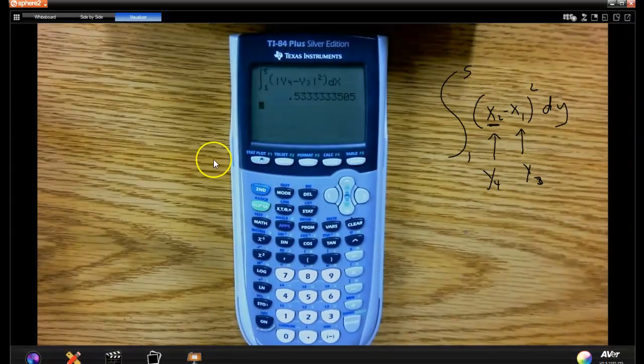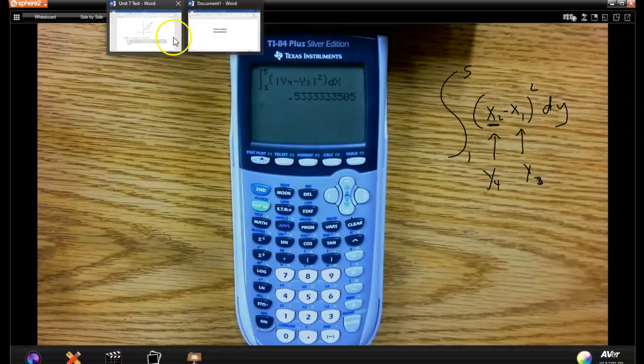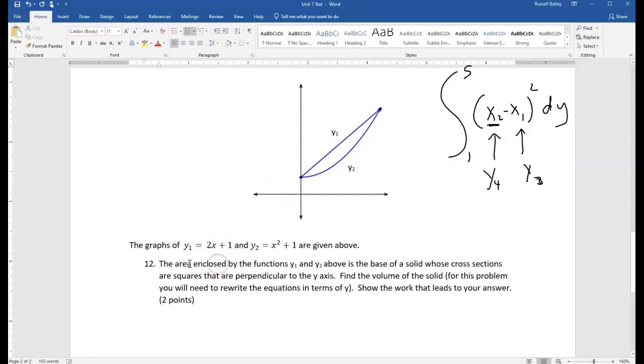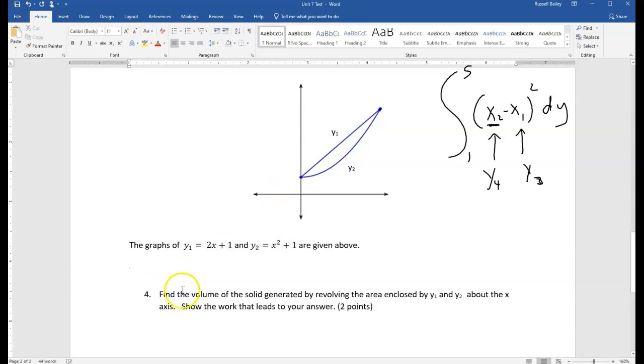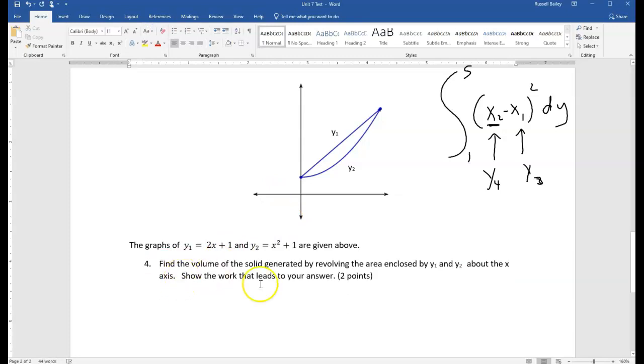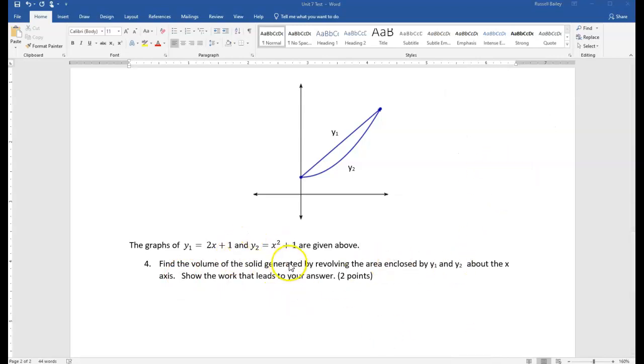All right, let's go back to our last question on the test. Find the volume of the solid generated by revolving the area enclosed by y1 and y2 about the x-axis.